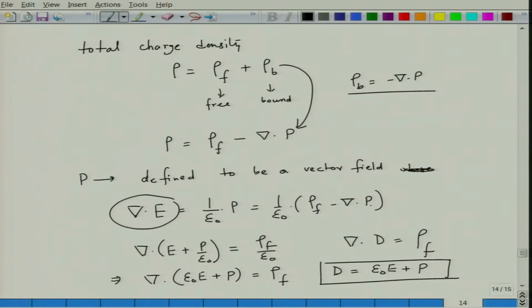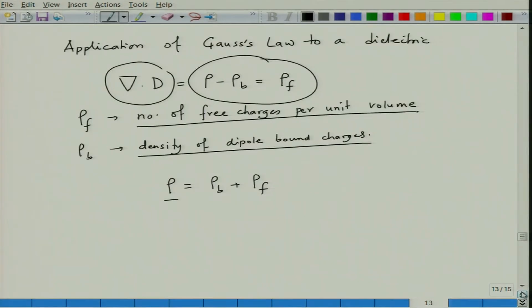Accordingly we move the terms to the left and right side, and we get the expression D is equal to epsilon naught E plus P. So basically del dot D is equal to rho f; this is the general relation.